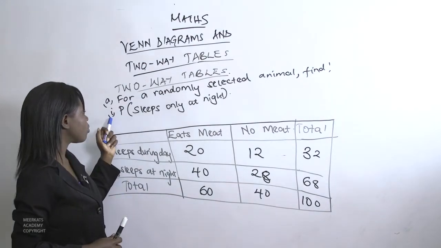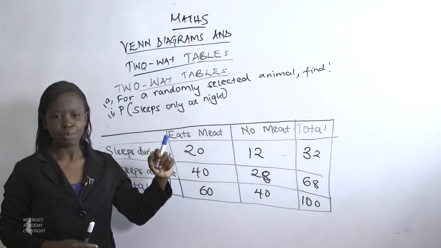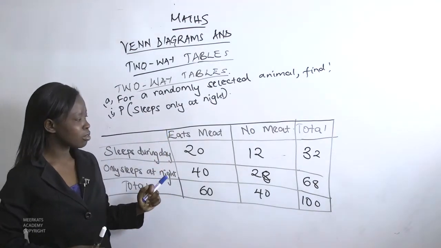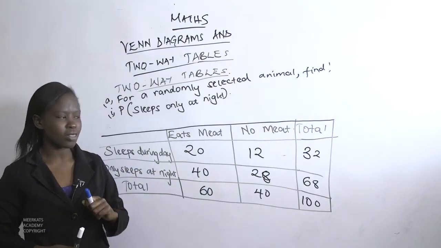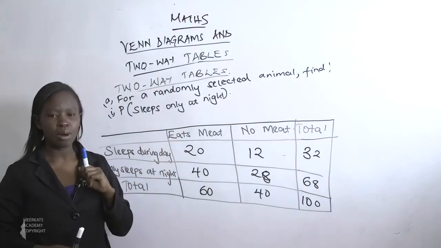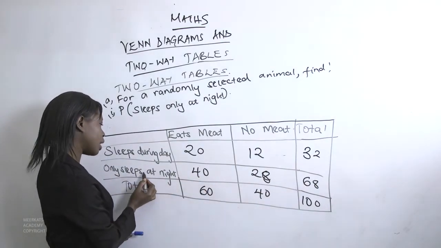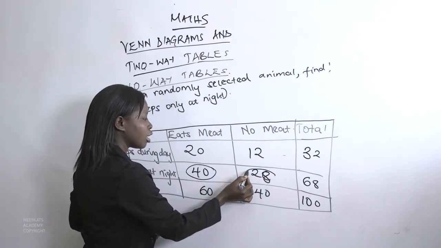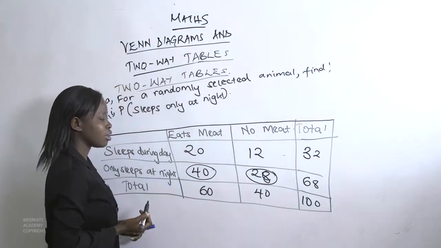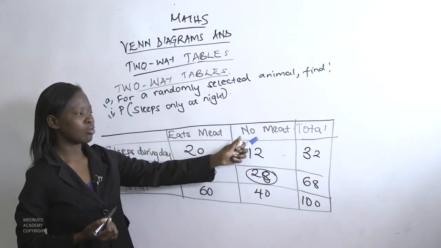We are supposed to get the probability that it sleeps only at night. So we need to know which animals are sleeping only at night, regardless of whatever they are eating. The animals that sleep only at night are found in these columns. So this one sleeps at night but eats meat. This one sleeps at night but no meat.